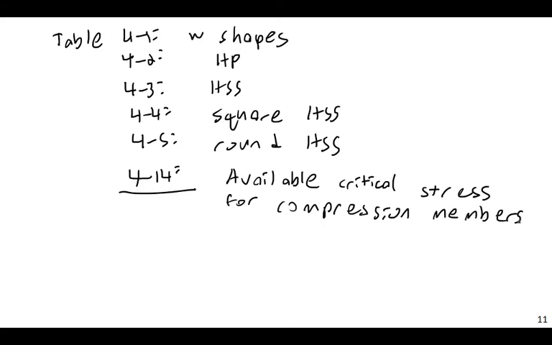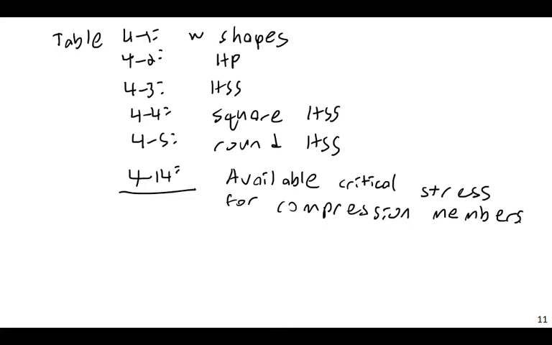You have a series of Fy values and a series of lengths, and based on that you can find the available critical stress, effectively your Fcr. That can be useful as you work through your design, because once you have your Fcr, you can use that to calculate your gross area.